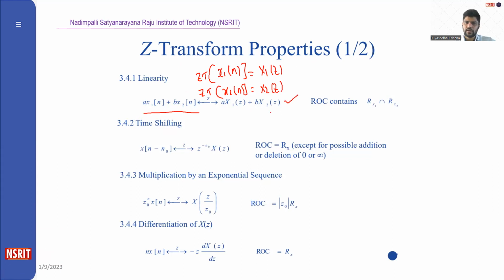Time shifting: if we shift by minus n naught, it becomes z to the power of minus n naught into X of z.